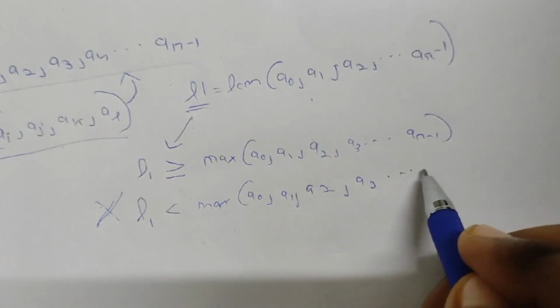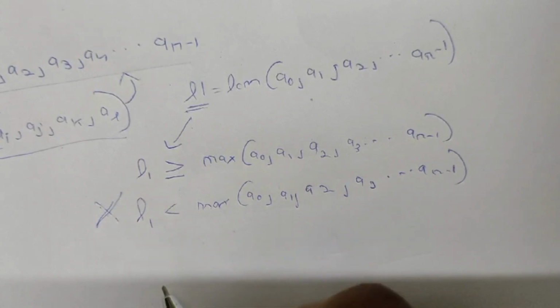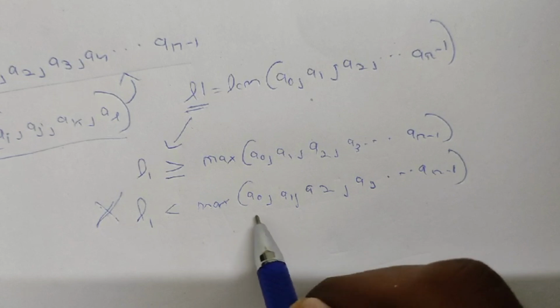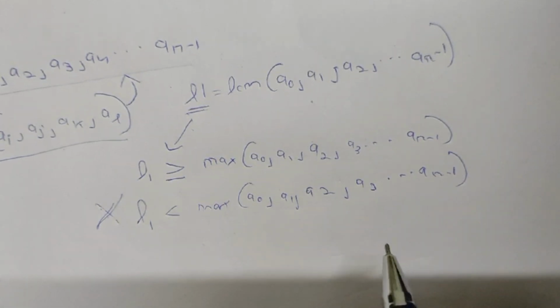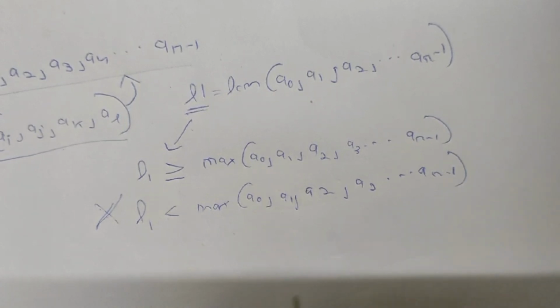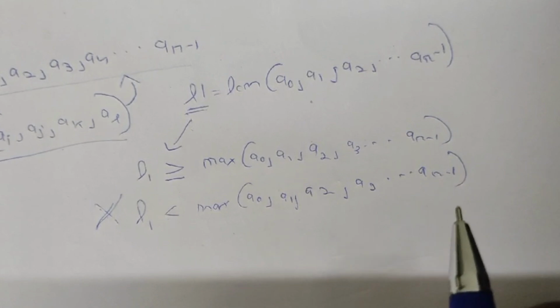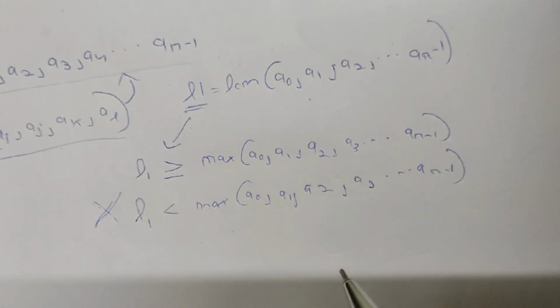Because this is the basic property of LCM. LCM means the lowest common multiple of all these elements, and the lowest common multiple will be greater than or equal to all the elements present in the array. So it will never be less than the maximum of all the elements.